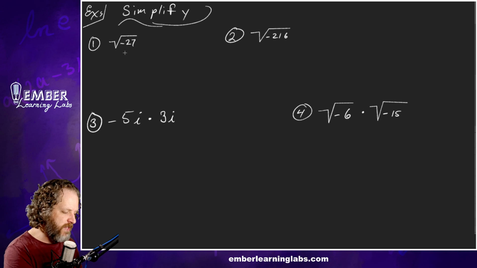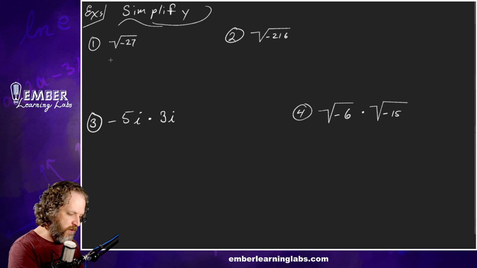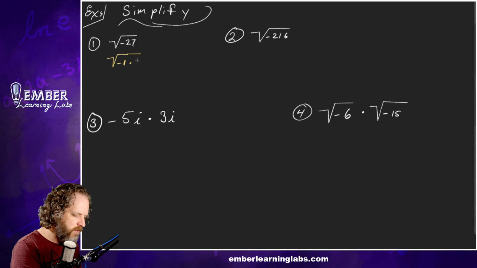So we've got the square root of -27. First of all, we can turn this into the square root of -1 times 27.